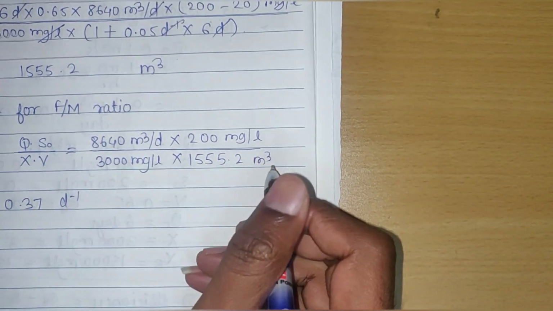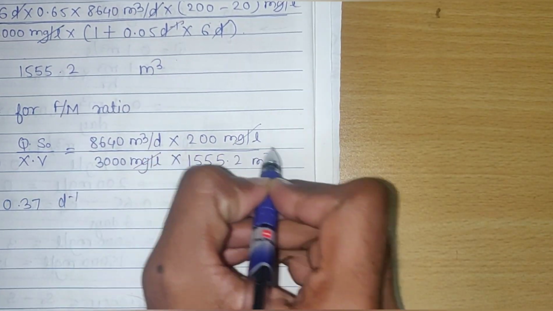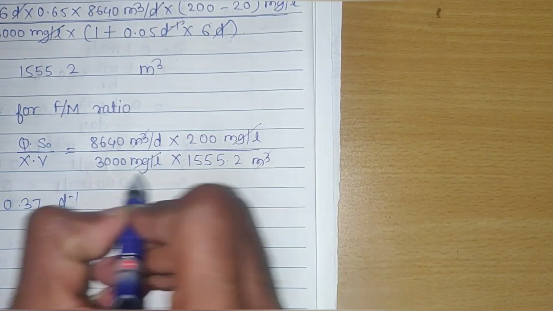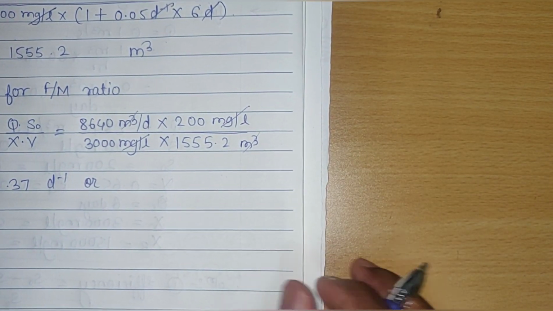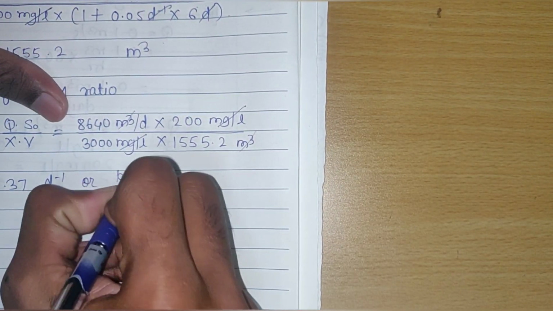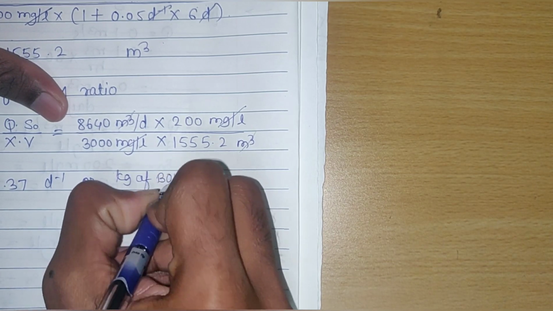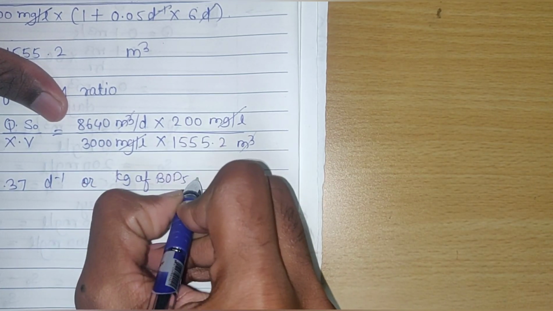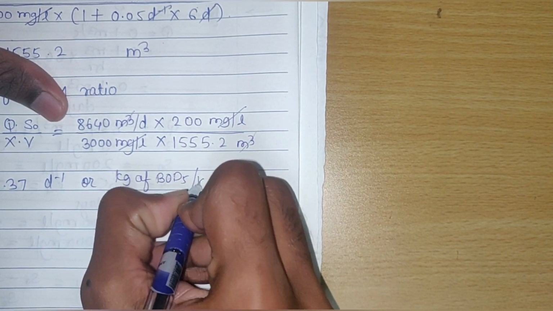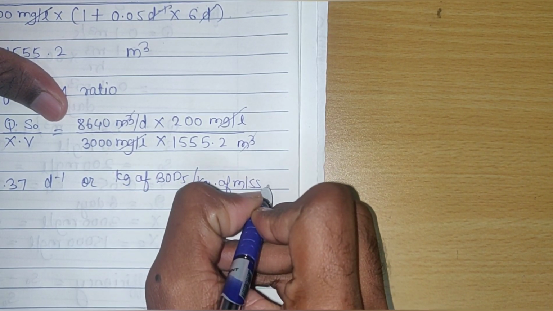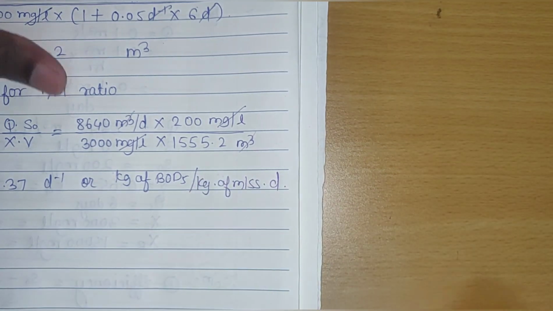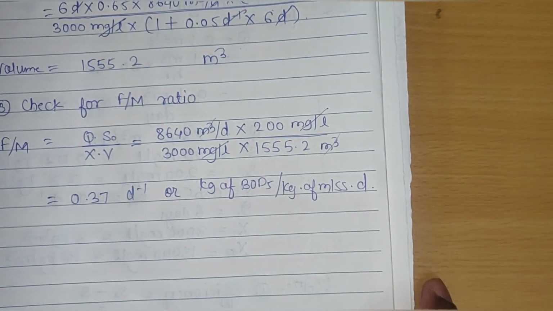Its unit is per day, because milligram per liter will get cancelled and meter cube will get cancelled, or its unit in some reference books is written as kg of BOD5 per kg of MLSS per day. Okay, so both the units are correct.